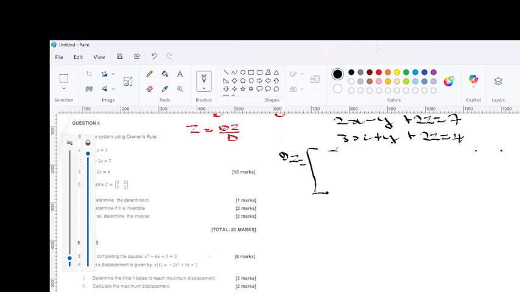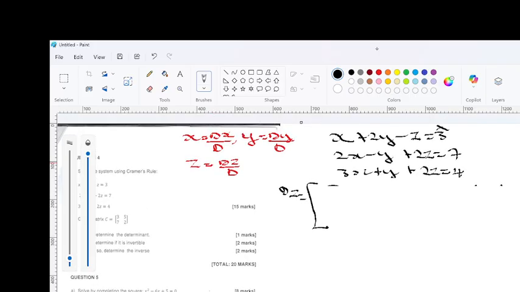equals to, okay, so what values are we going to use? So we leave out what? We leave out the z part. So all the coefficients of z have to be left out, and we move with the coefficients of x, which are 1, 2, and 3.